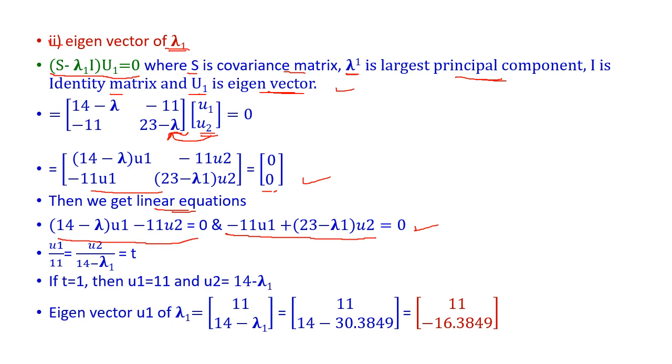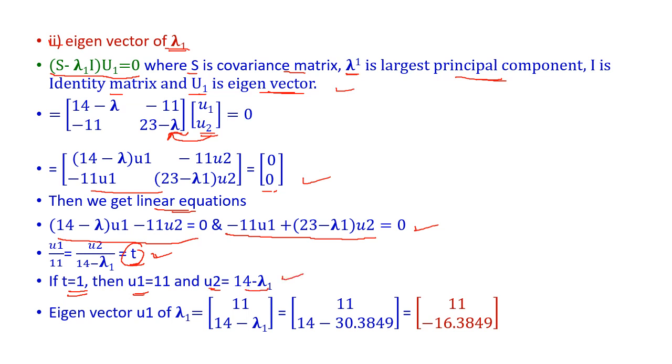From this equation, u1 divided by 11 is equal to u2 divided by 14 minus lambda 1, which is equal to t. If the t value is equal to 1, then u1 is 11 and u2 equal to 14 minus lambda 1, isn't it?